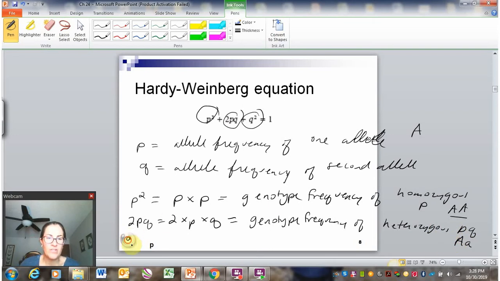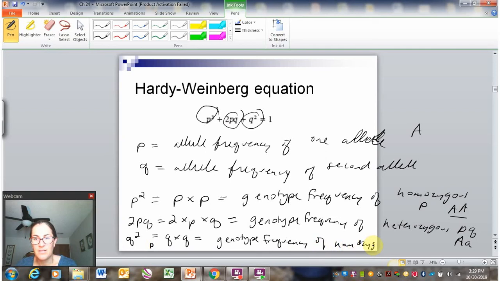And then hopefully you're seeing a trend here. Q squared is equal to Q times Q, and that's equal to the genotype frequency of the individuals homozygous for Q, and in this case, little a, since I'm using the A's, okay?